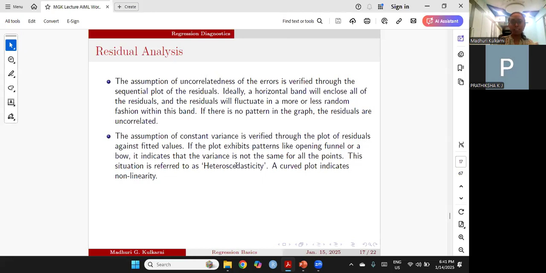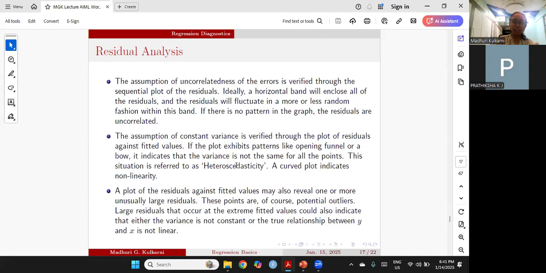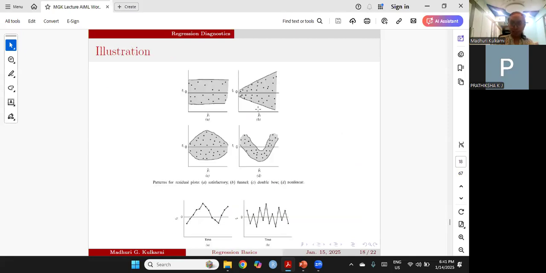If all the residuals fall in a horizontal band and there is no pattern in the graph, then the residuals or errors are uncorrelated. See here, the first graph is a graph of residuals against the fitted values.